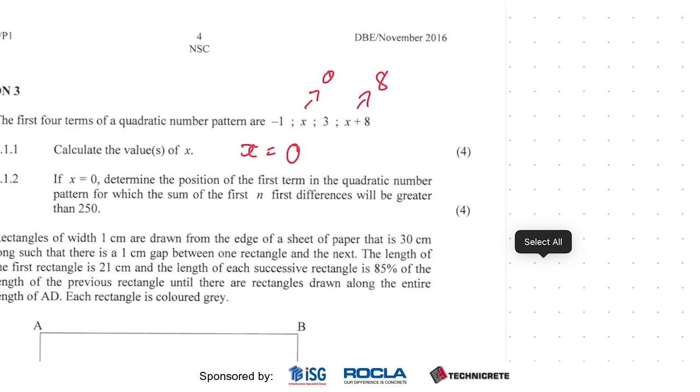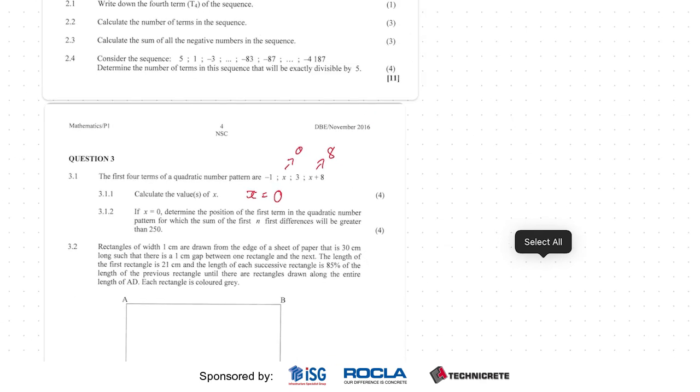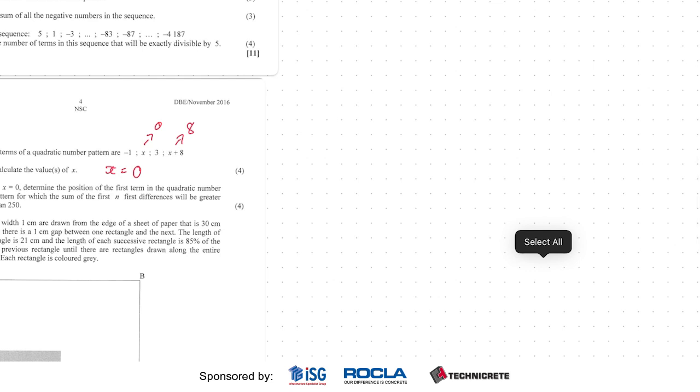So let's see what we can see from our pattern here. First of all, let's understand something. We have -1, 0, 3, 8. So our differences here are 1, 3, 5.